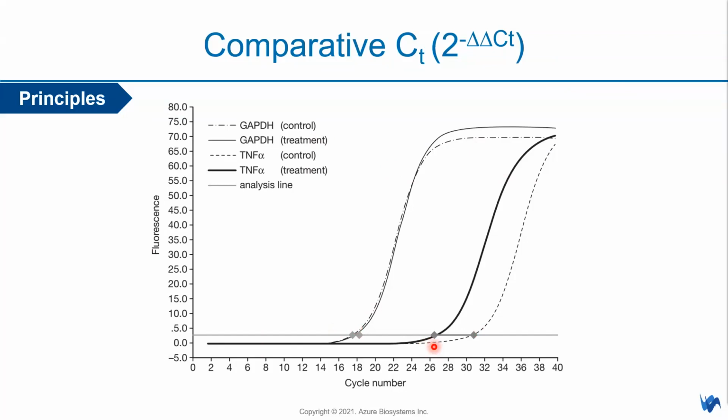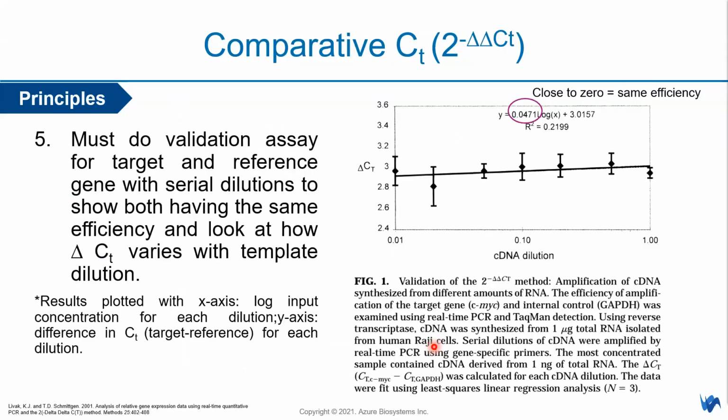If you do the comparative CT method or delta CT calculation, you must do a validation assay for both target and reference gene with serial dilutions to show both of these primer sets have the same efficiency, and look at how the delta CT varies with the template dilution.